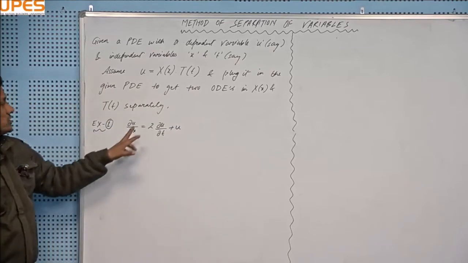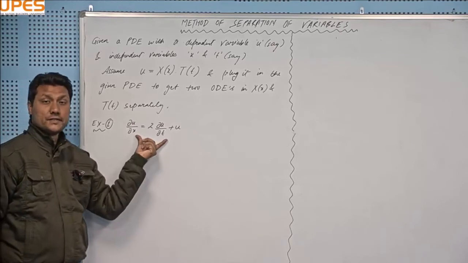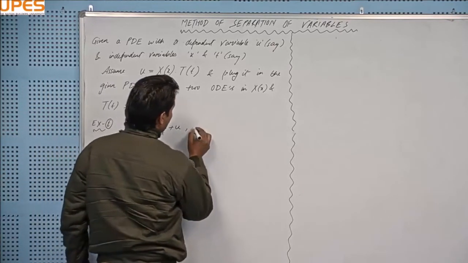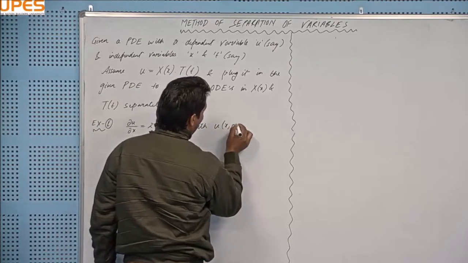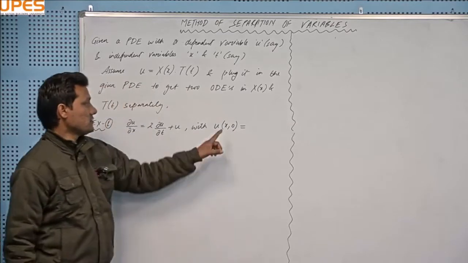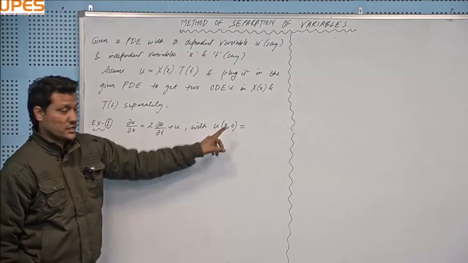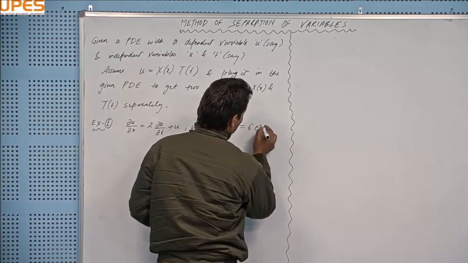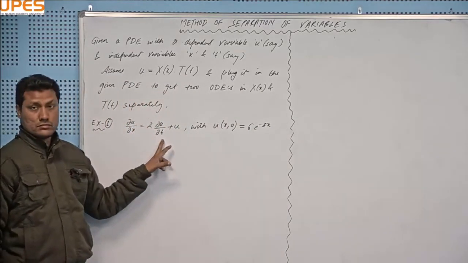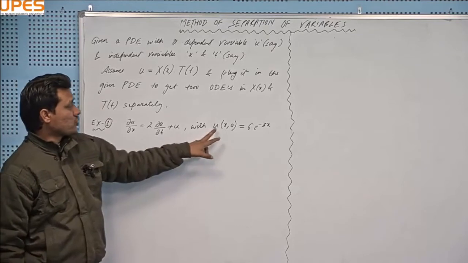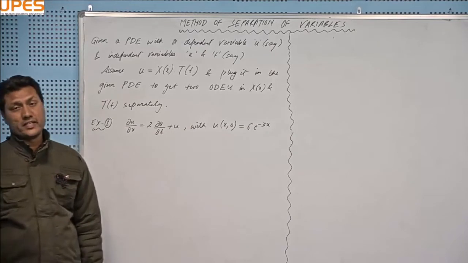You can see that u is the dependent variable and the independent variables are x and t. And the initial condition: u(x, 0), which means the value of x is x for all values of x and t is equal to 0, the function is given by 6 times e to the power minus 3x. Since u is a function of x and t, it is obvious to write it as u(x, t). When t is equal to 0, the function takes this value, 6 times e to the power minus 3x.